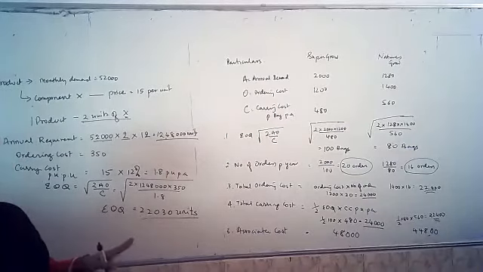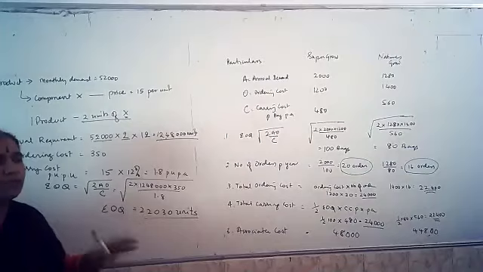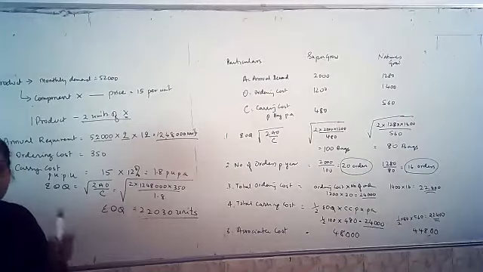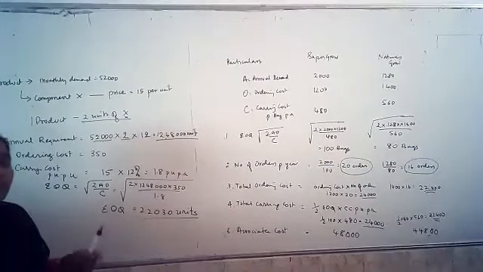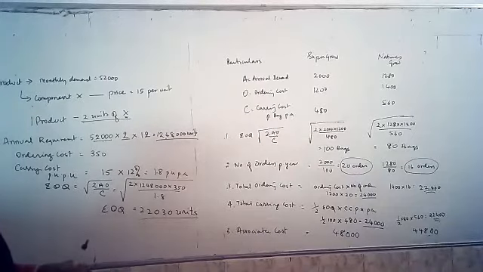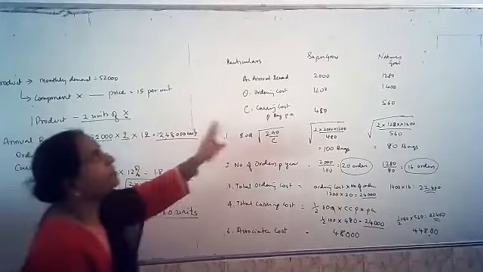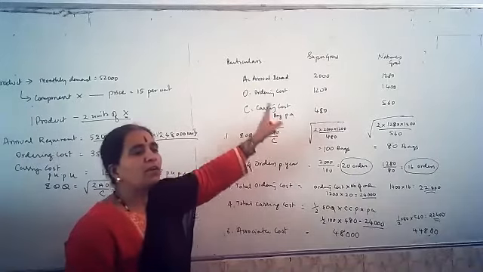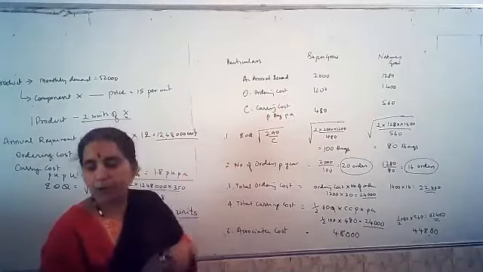The supplier has said he will not supply smaller orders; every time you have to order 52,000 units. So if you order 52,000, how much is the extra cost compared to EOQ? We have to compare.